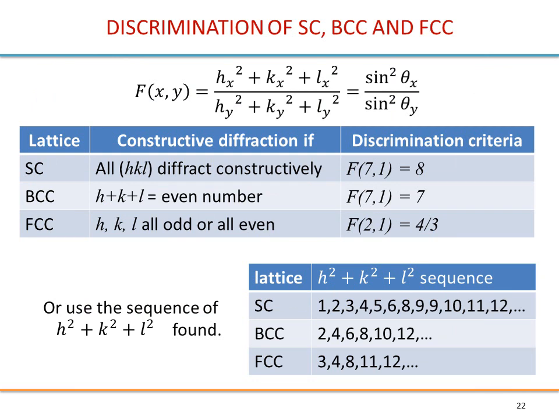So how to distinguish? When you have a spectrum with peaks, how do you know if it is a simple cubic, BCC or FCC? There are some discrimination conditions that you can use.